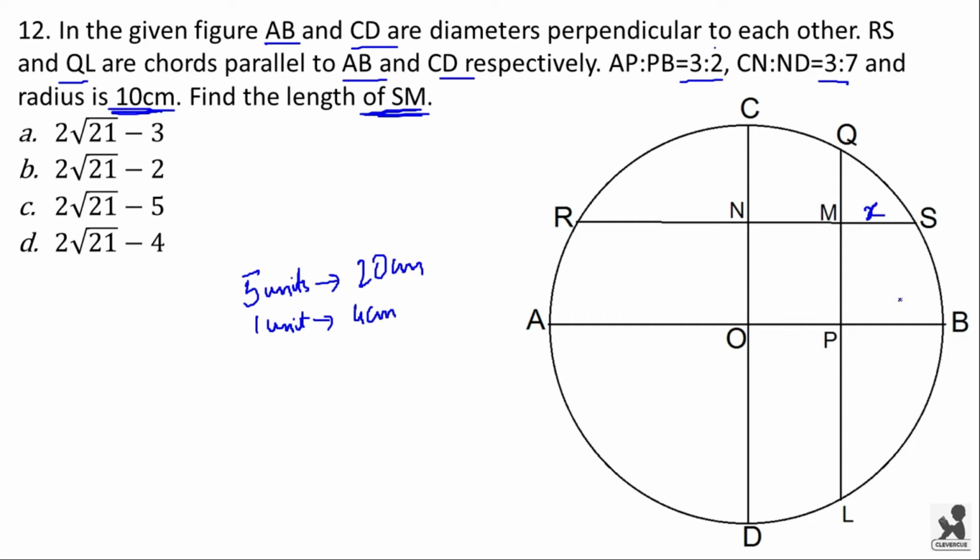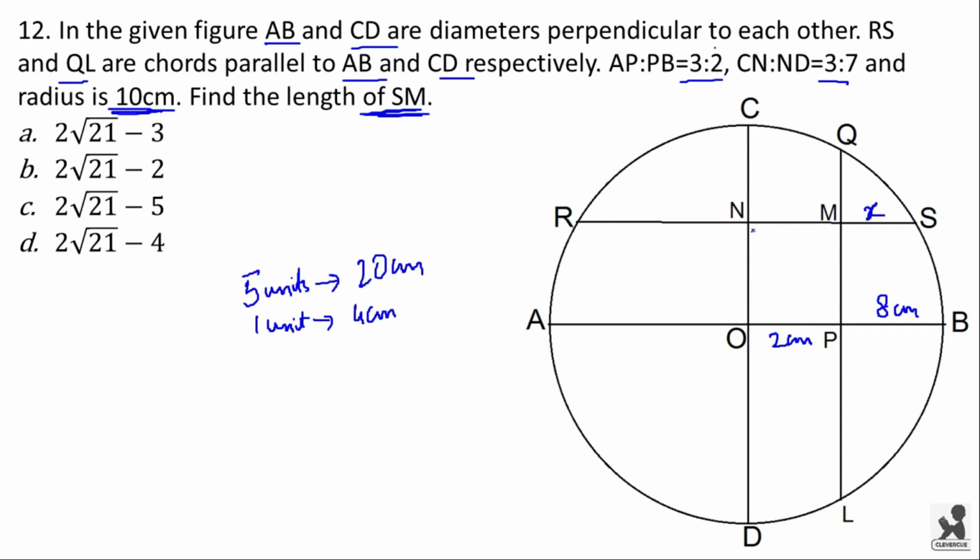That means PB will be 2 units. So 2 units means 8 centimeters, 2 into 4, so it is 8 centimeters. Similarly, the length of AP will be 3 into 4, that is 12 centimeters. Now the radius is given as 10 centimeters. So the length of OP will be 10 minus 8, that is 2 centimeters.